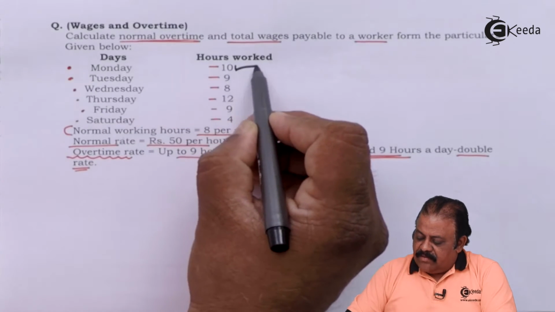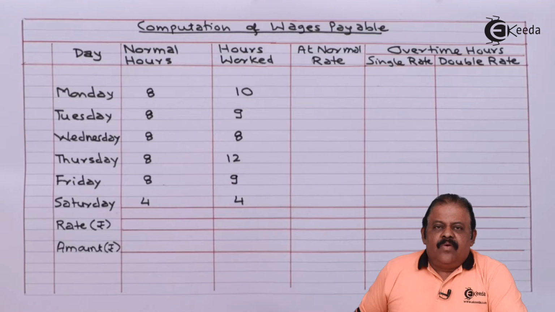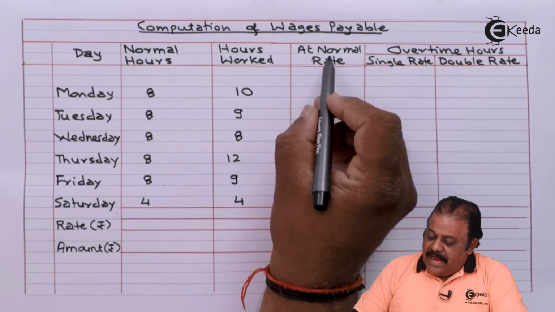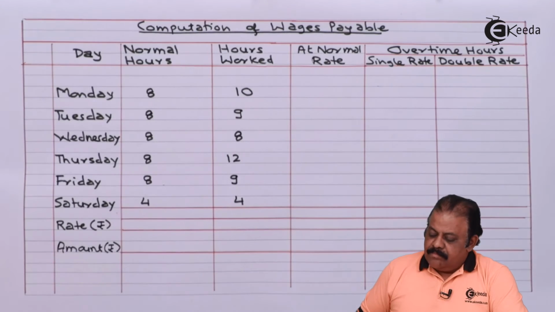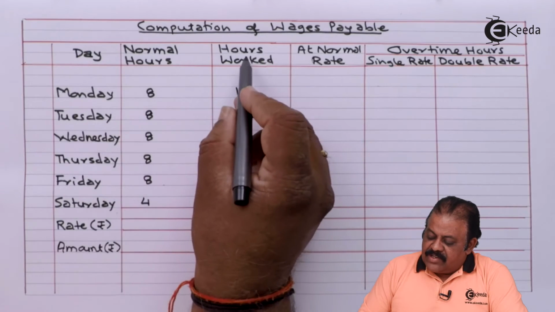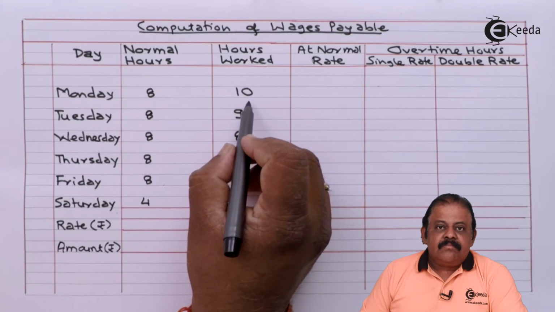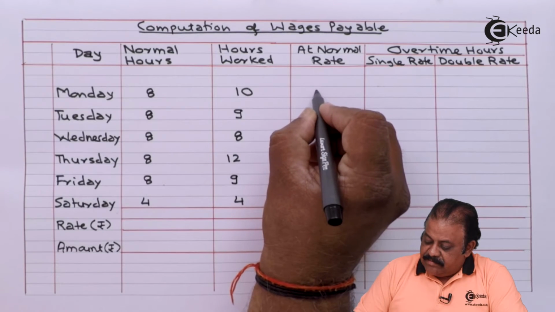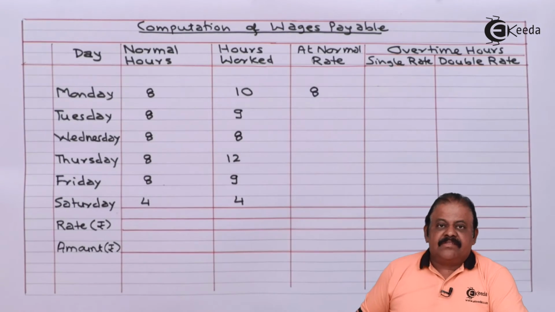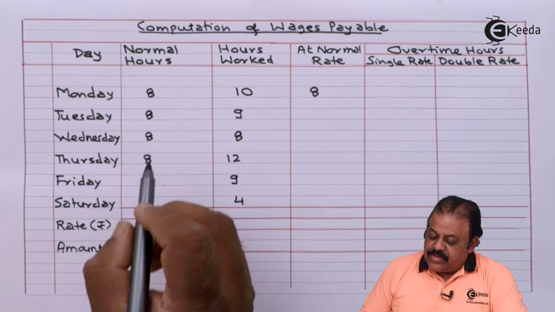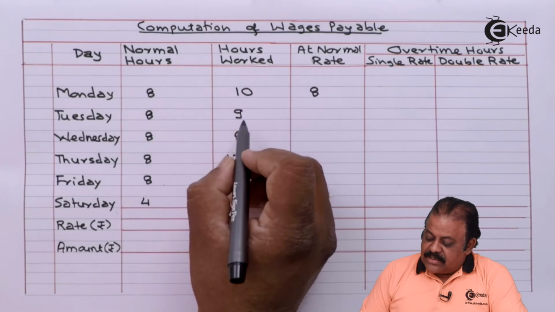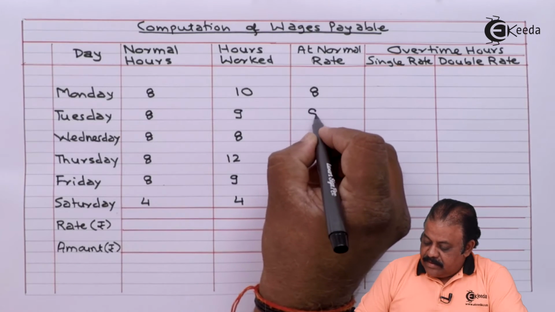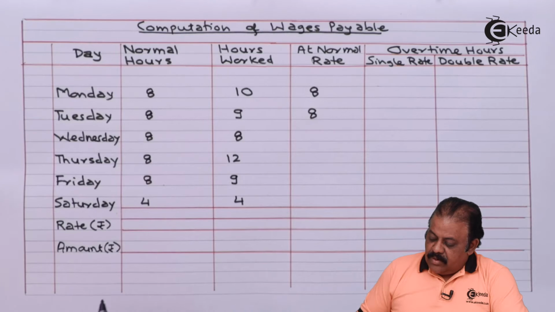Monday 10 hours. Now we have to record hours worked at normal rate. On Monday, hours worked 10 hours. Normal hours are 8. So at normal rate, 8 hours. Tuesday, hours worked 9 hours. Normal is 8 hours.